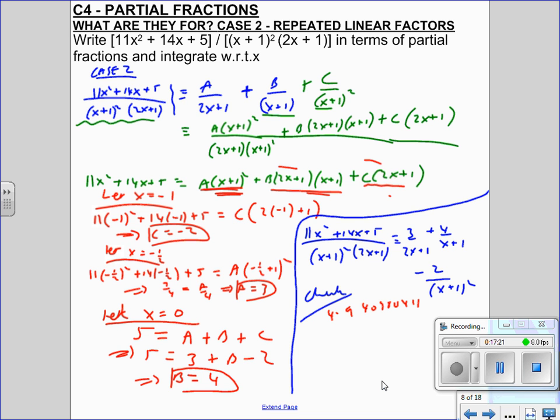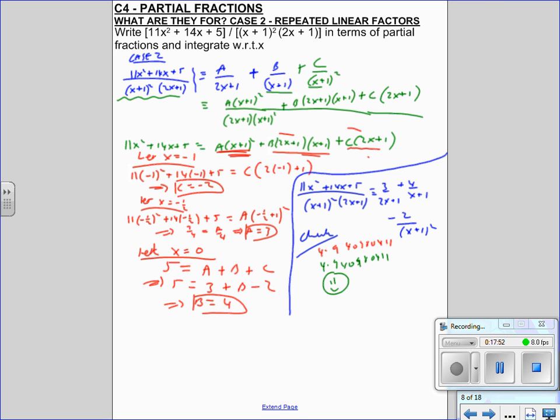Whack it in the right hand side. 3 divided by 2 answer plus 1, plus 4 over answer plus 1, minus 2 divided by answer plus 1 all squared. And you get 4.940980411, and we're happy. Therefore, it's correct. And now we can integrate this thing if we wanted to.